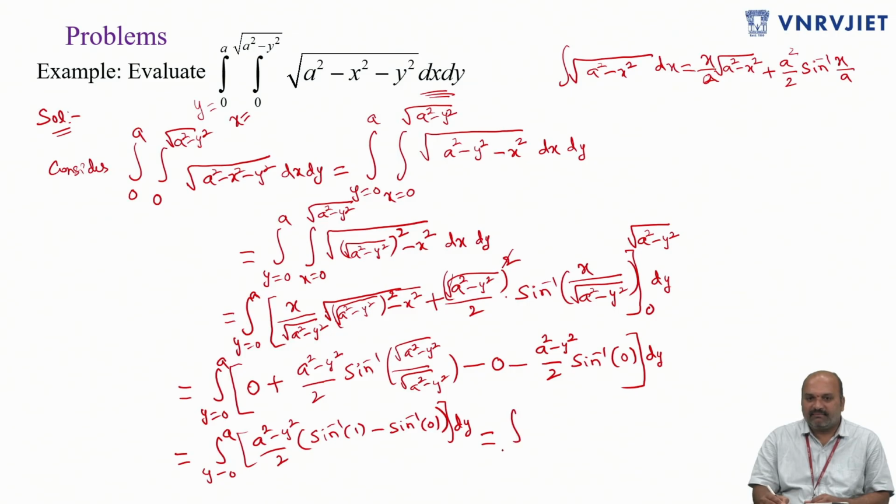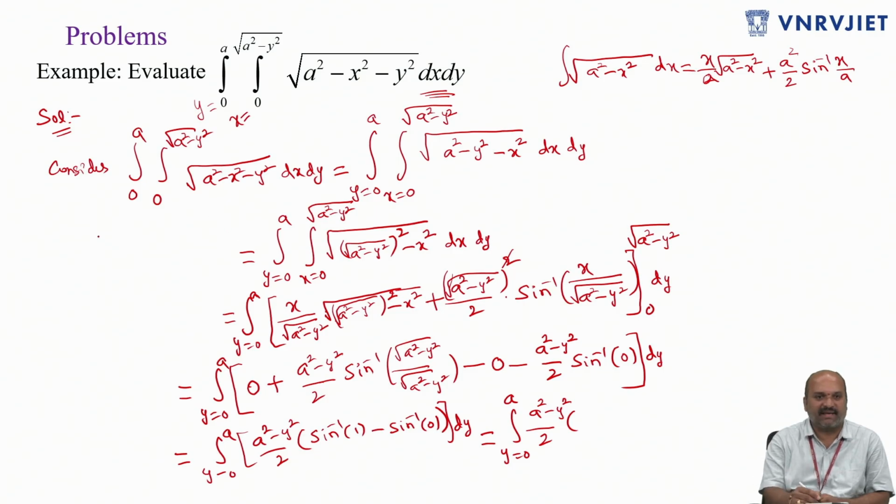Now this is equal to integral y varies from 0 to a. What is sine inverse 1? We have to express this 1 in terms of sine. 1 can be written as sine pi by 2. So a square minus y square divided by 2 into sine inverse of sine pi by 2.